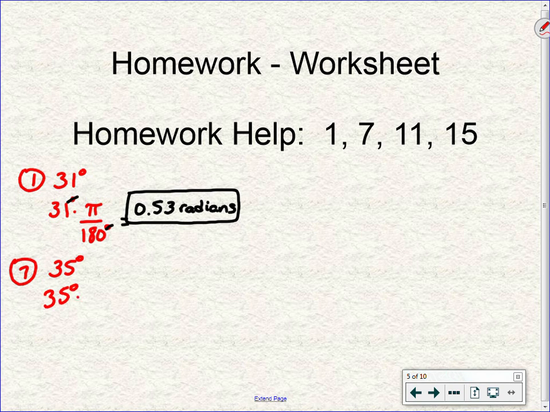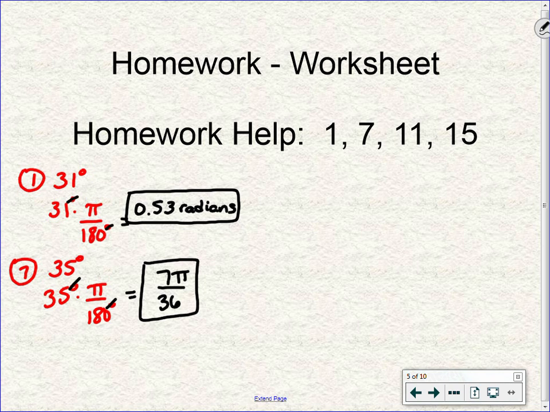Take 35 degrees times pi over 180. Our degree measures will cancel. And this time you're only simplifying the fraction 35 divided by 180. So take 35 divided by 180 in your calculator, hit math fraction, and you will get 7 pi over 36. And the fact that you see that pi there tells you it's a radian measure.